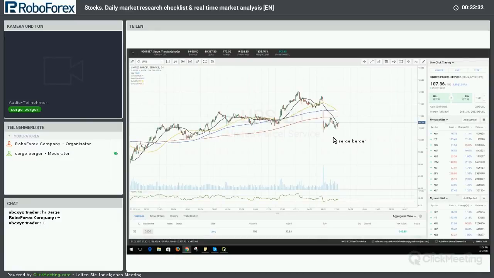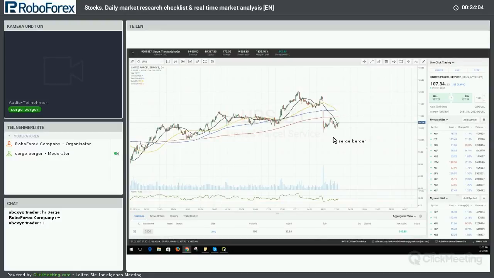So I look at UPS here, and usually there are basically two ways of looking for opportunities on any given day. Let's say you look for a strong sector, like today the transportation sector. You can either look for the strongest stocks within this sector, or at least stocks that are increasingly showing relative strength, or you can look for stocks that have been underperforming in the sector and do a potential trade there.